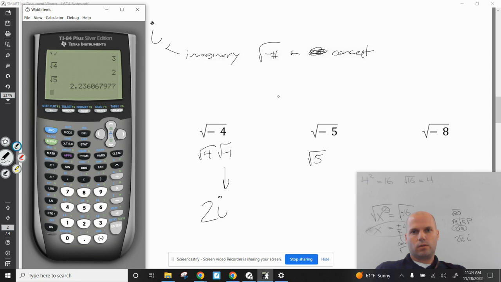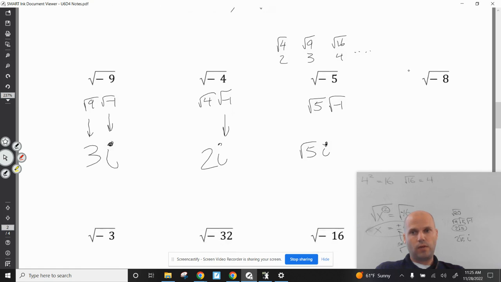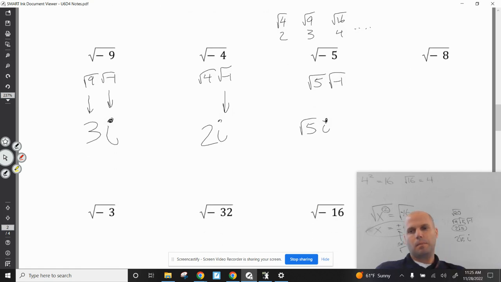Square root of 4 is 2, square root of 9 is 3, square root of 16 is 4, etc. Try to divide by those. You can't. So all this is root 5 times root negative 1, which is root 5 i. It's the square root of a negative, so it's an imaginary number.